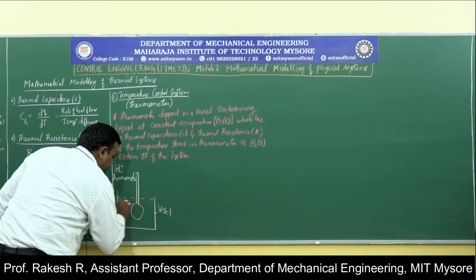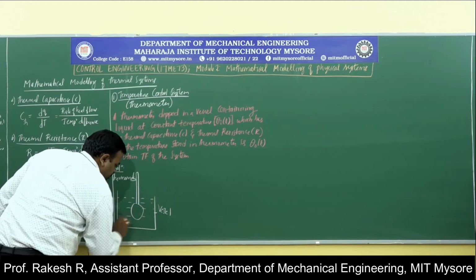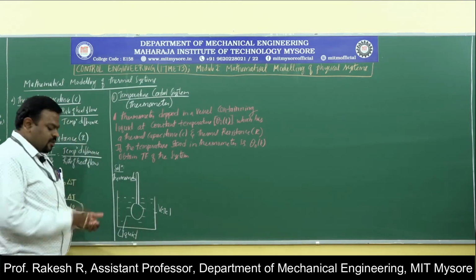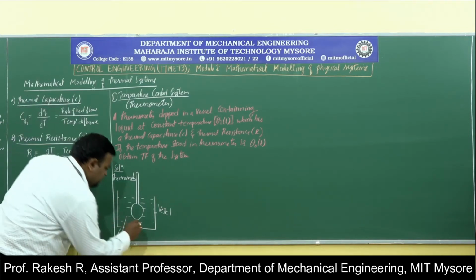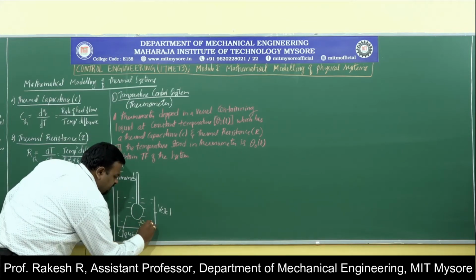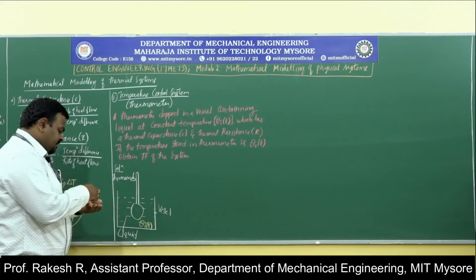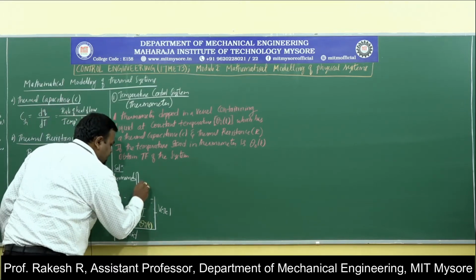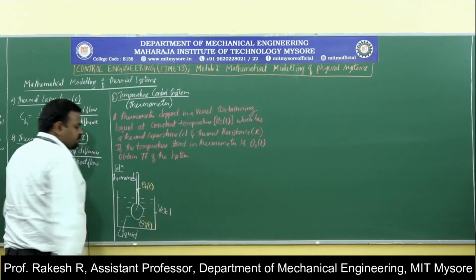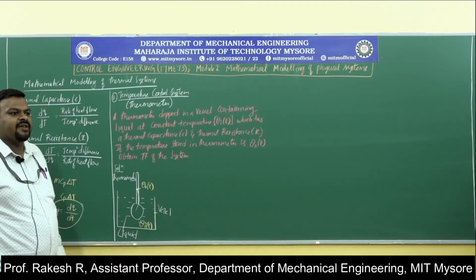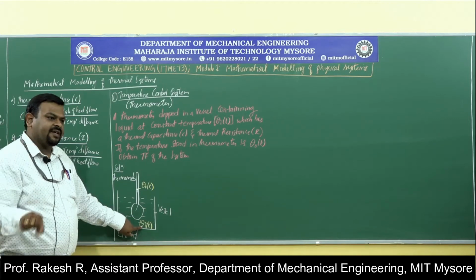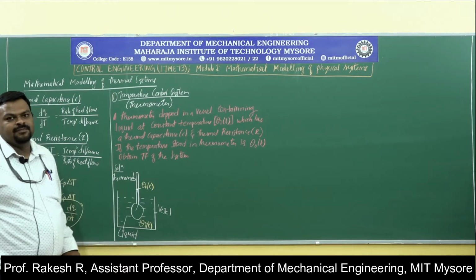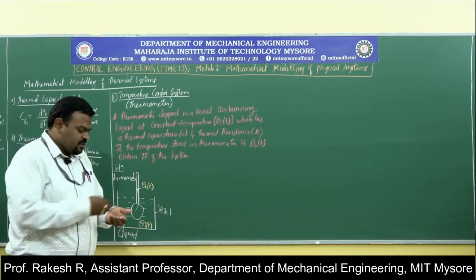So this is the liquid. The temperature of the liquid is theta i of t, and the thermometer will be showing some temperature. This temperature is theta naught of t. So this is the question they have given. Theta i of t is the liquid temperature, and theta naught of t is the temperature in the thermometer, or the storage temperature.